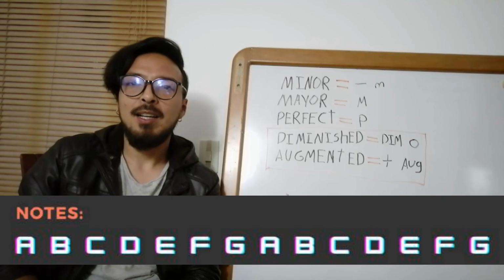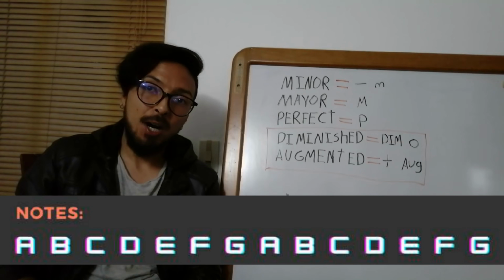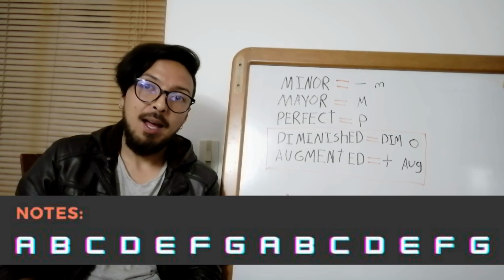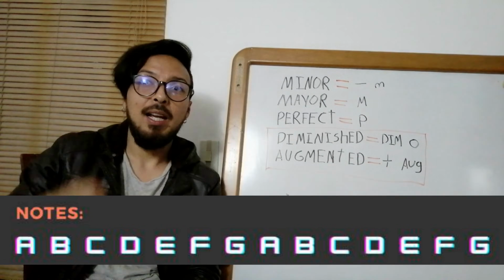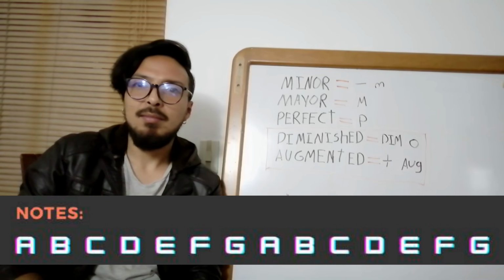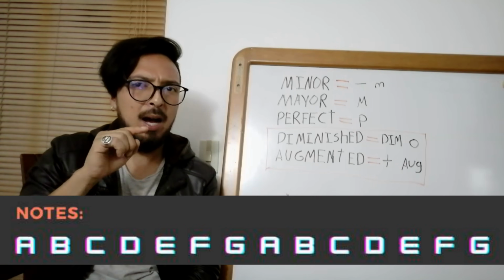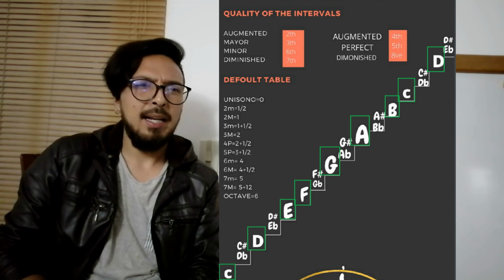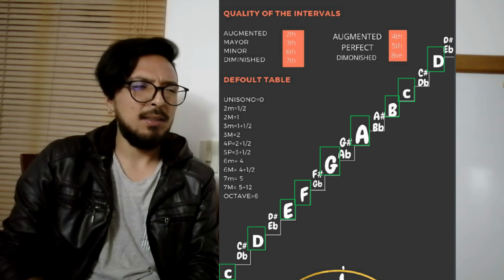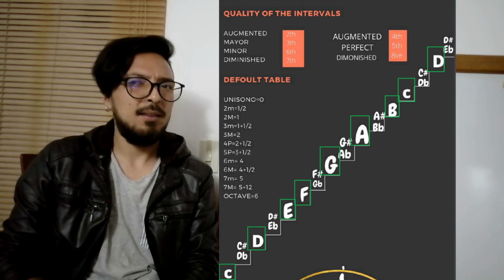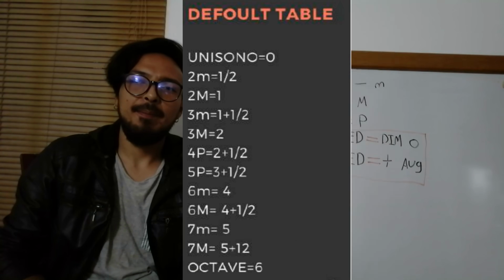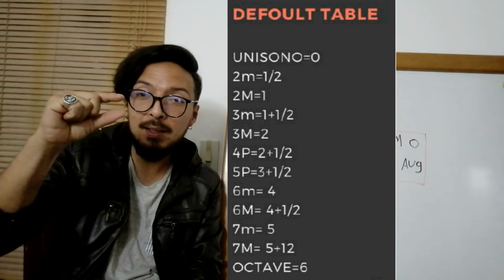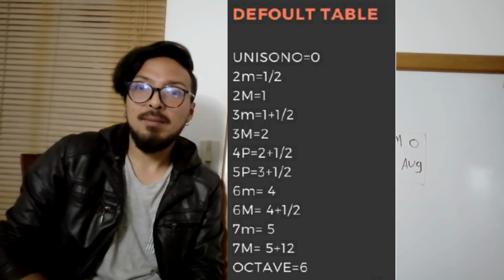What's the distance between G sharp and A flat? Let's count. G, A. If you see our ladder, they are on the same step, isn't it? Yeah, that's a diminished second, because it's smaller than a half step.